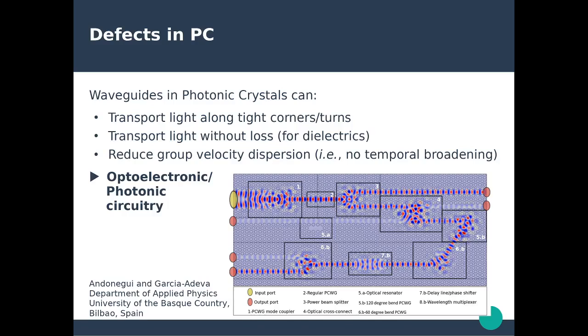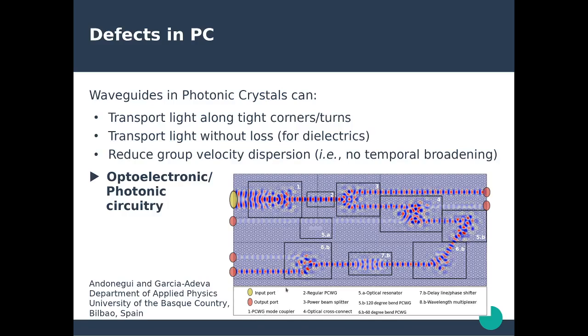There's ideally no loss or very minimal loss, especially for dielectrics, so you can propagate these signals over great distances. There's also a reduced group velocity dispersion, meaning that there's no temporal broadening of the signals. If you send a pulse, the pulse is not distorted when reaching the other side. So you can really design very complex optoelectronic and photonic circuits using those components.